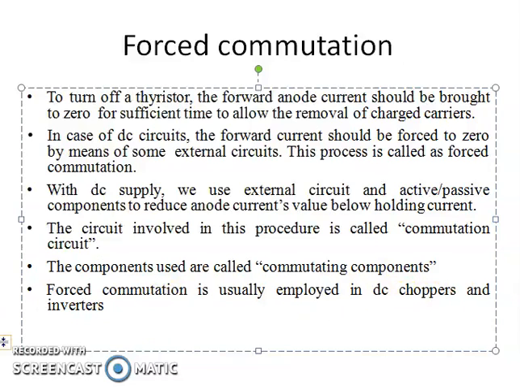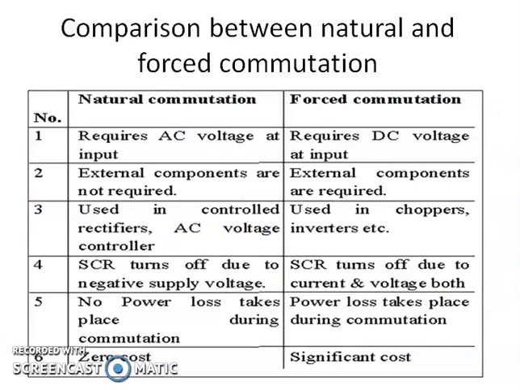Next is the comparison between forced commutation and natural commutation. Natural commutation requires AC voltage. In forced commutation, our source is a DC voltage. In natural commutation, no external circuitry or components are needed, but in forced commutation, external components or circuitry is needed.